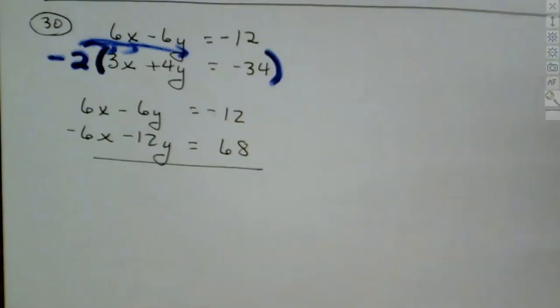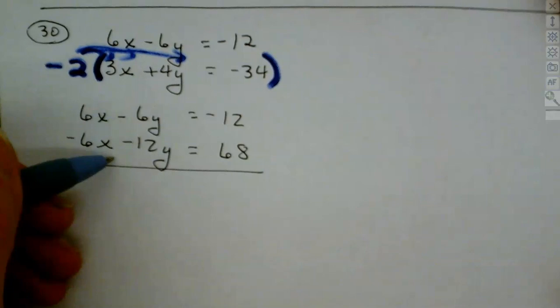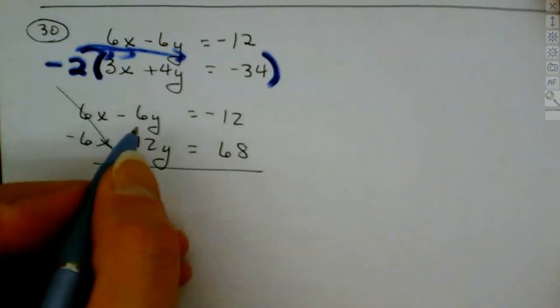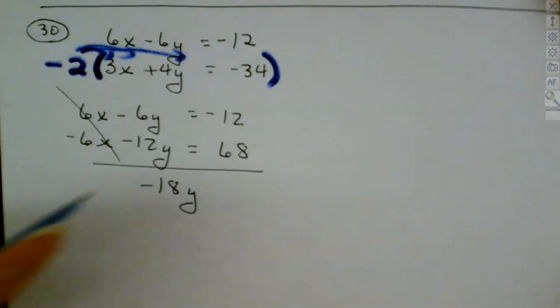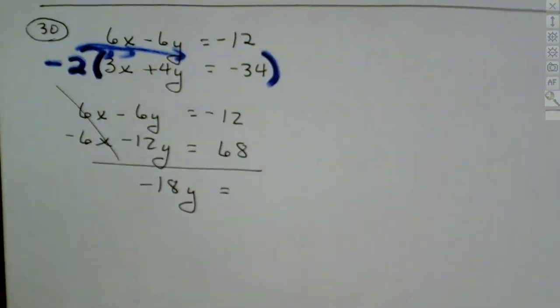Now when I add them together, what does that give you? The x's, they do what? Okay, and we have a minus 6y and a minus 12y. That makes it a minus 18y. And when I add down here, I've got 68 minus 12. That makes it a what?